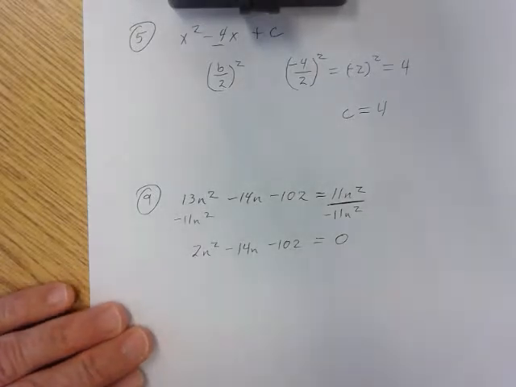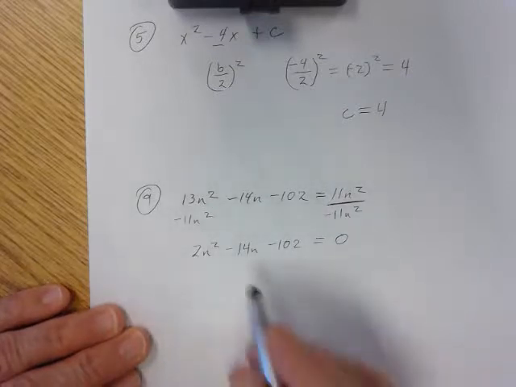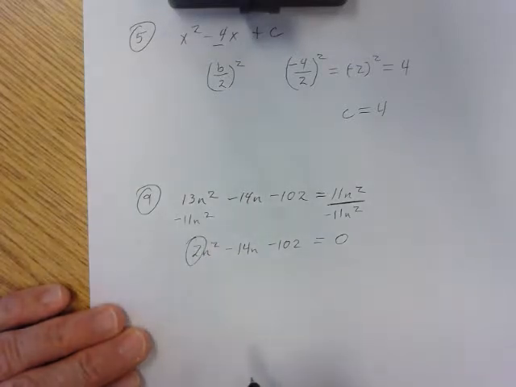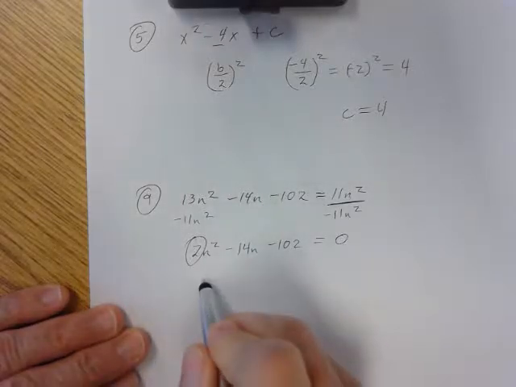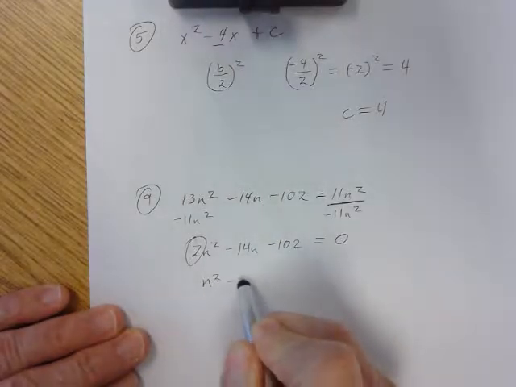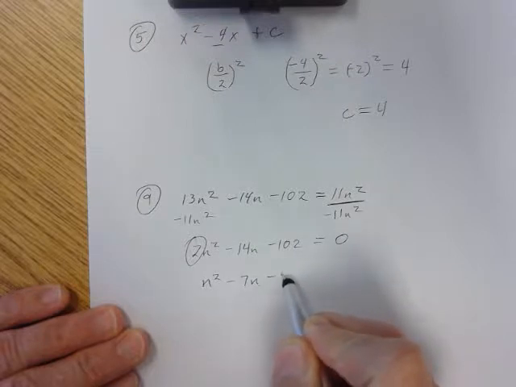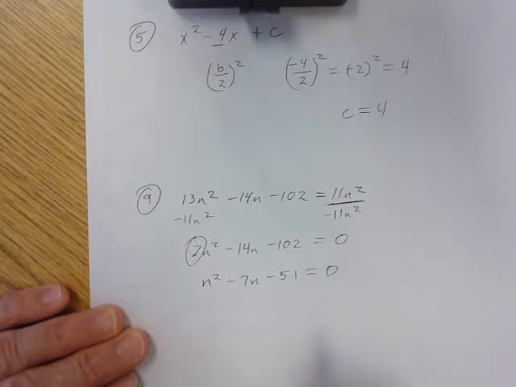And I have no idea how to factor this, so I'm going to go through the completing the square part, which again, this is a 2 in front. In order to complete the square, we have to divide everything by 2. And so that's n squared minus 7n minus 51 is equal to 0.